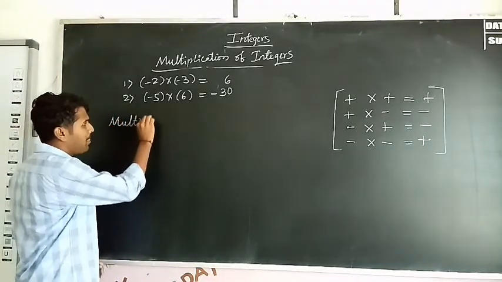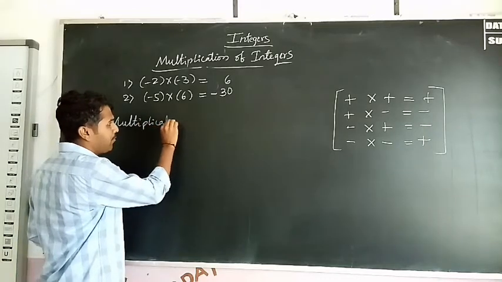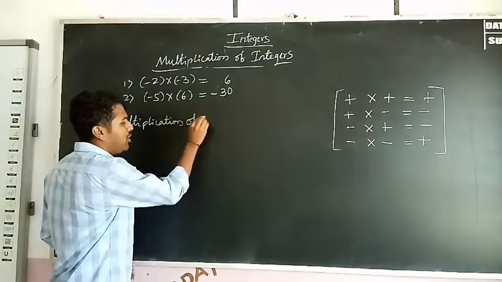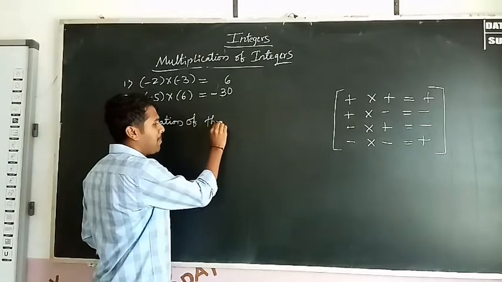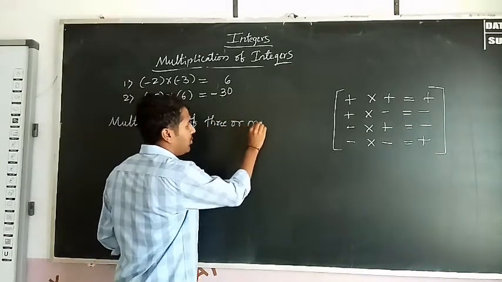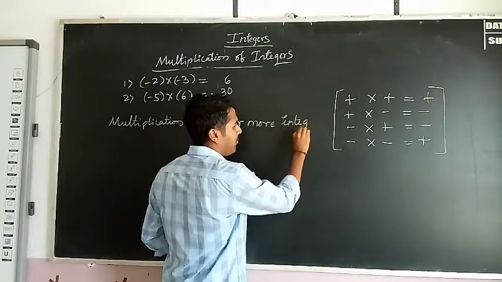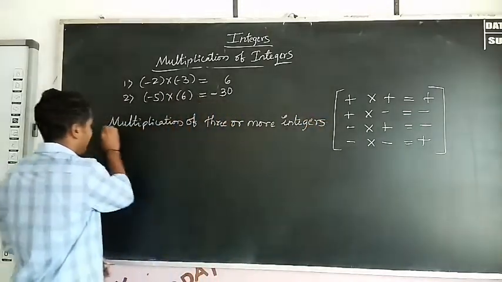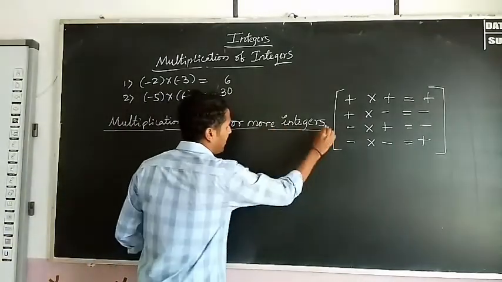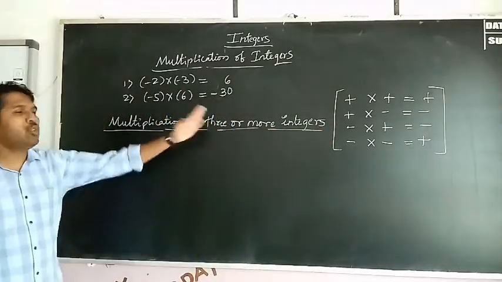Next one is multiplication of 3 or more integers. So how do we multiply 3 or more negative integers?